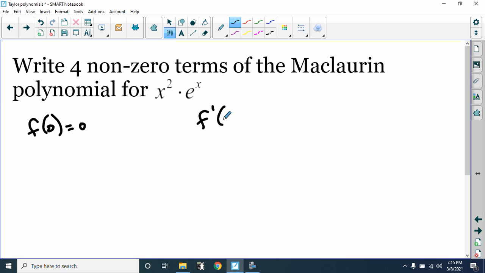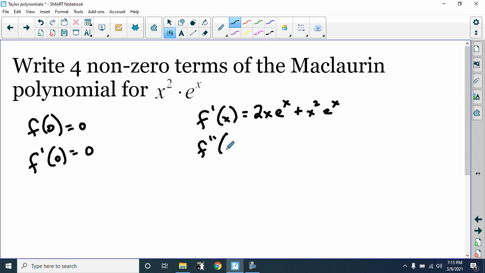When I go to take the derivative, we have to use the product rule, which isn't bad. That's our first derivative. So our first derivative at 0 is still 0. To take the second derivative, I'm going to have to use the product rule here and the product rule here.